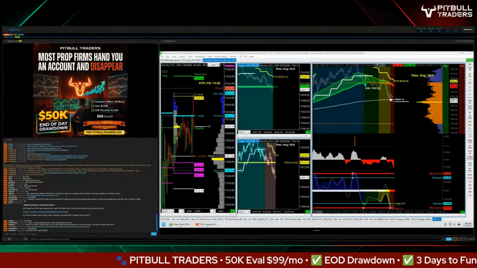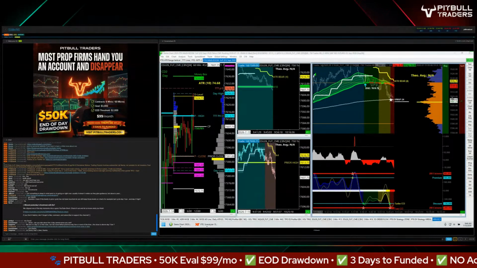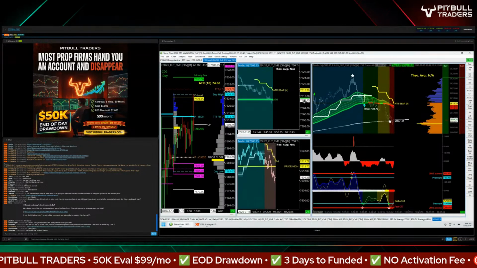All right, so we are getting a deeper move back into the range. So potential for that failed breakout. We'll see.